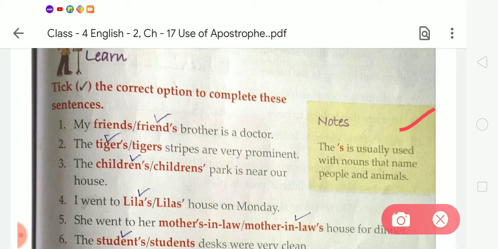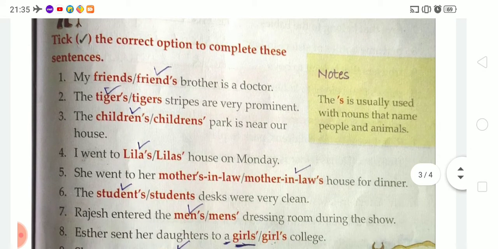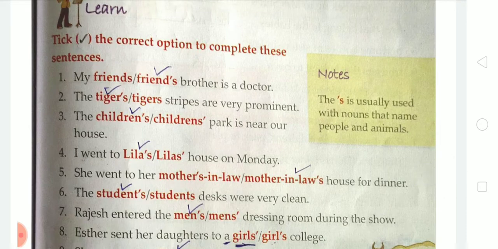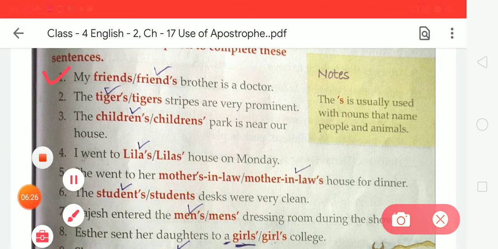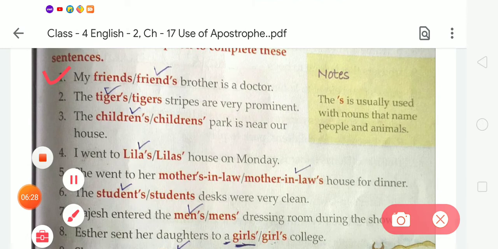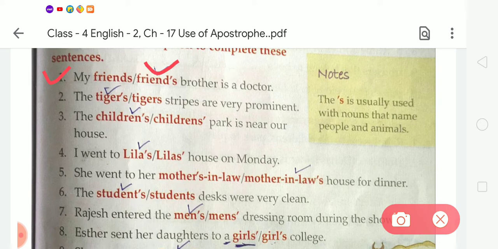Take the correct option to complete these sentences. In the first, my friend and my friend's brother is a doctor. Student, tell me which one is correct in both options. Here the second one is correct. Next, the tigers' stripes are very prominent.